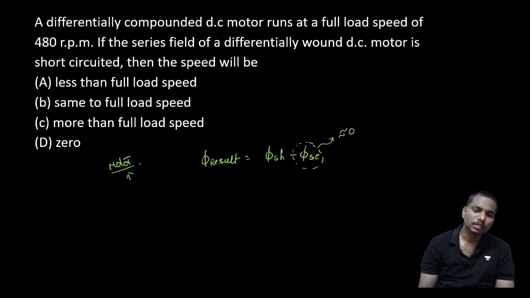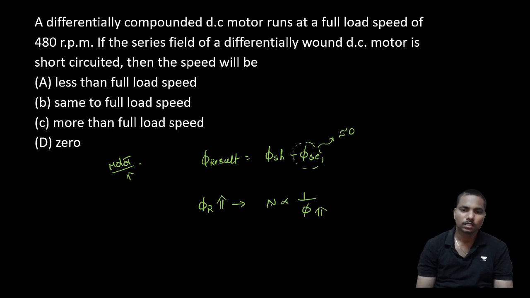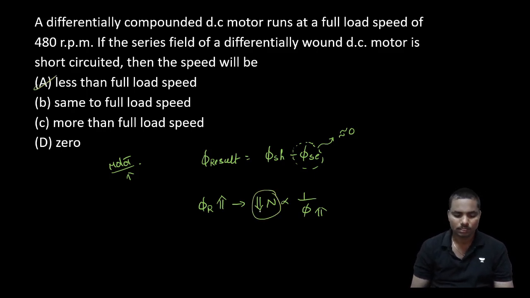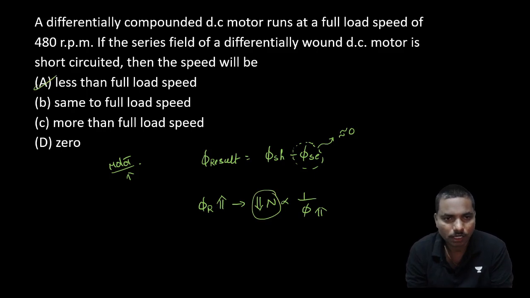That means if the negative part is zero, the resultant flux increases. And we know speed is inversely proportional to the flux. As flux increases, the speed decreases, meaning less than its full load speed. So the answer is option A.